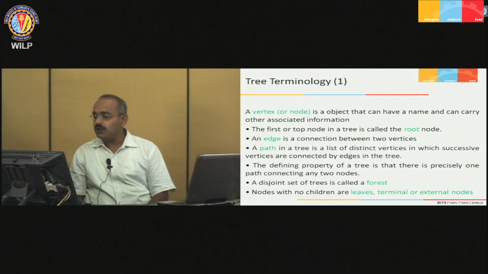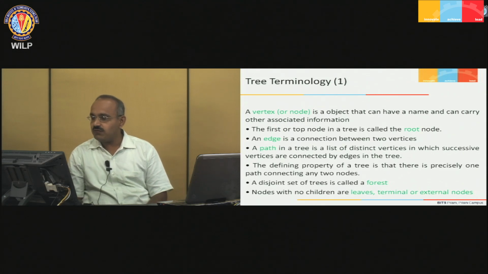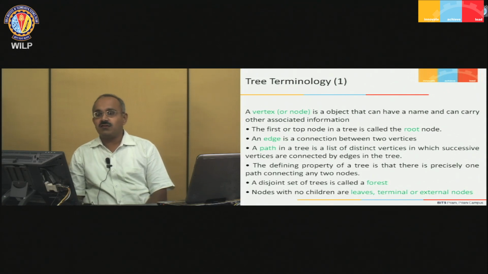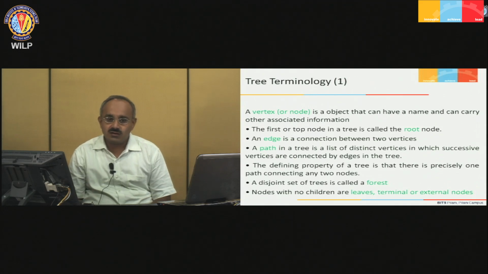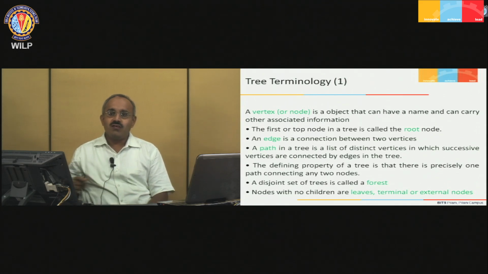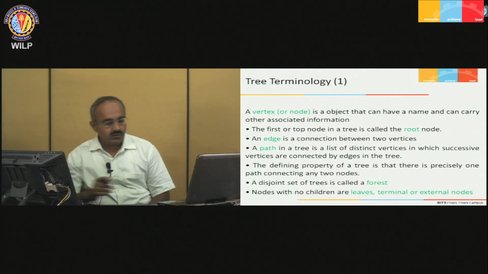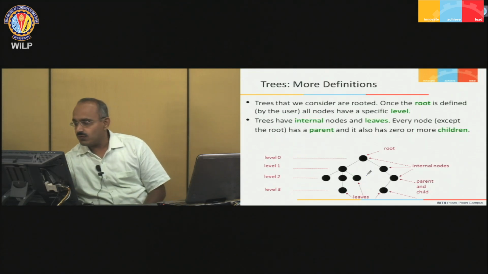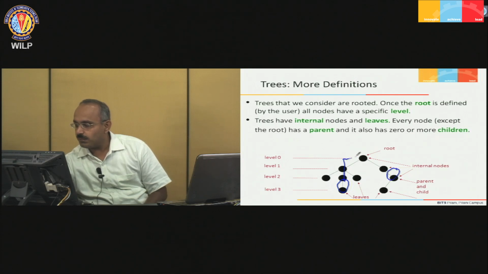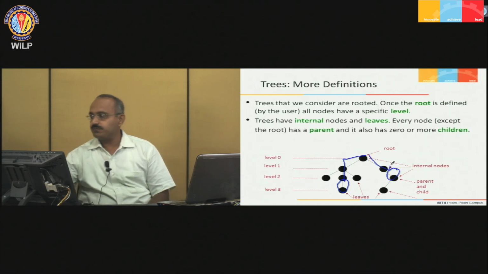A path is a list of distinct vertices in which successive vertices are connected by edges in the tree. Right. So a path is just, if you look at two nodes, and if I look at the previous example, if you look at this particular node and this particular node, this precisely is the path from this node to this node.